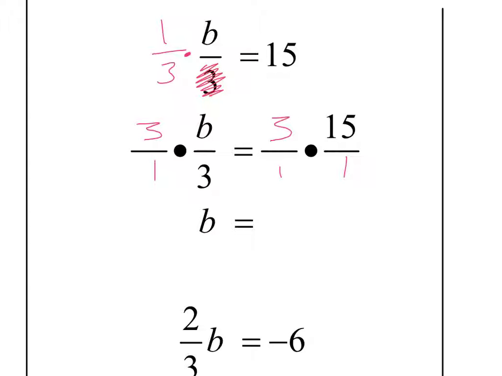So here we have top times top, that's going to give me 3. Bottom times bottom, that's going to give me 3. Top times top is going to give me 45. Bottom times bottom is going to give me 1. Well, that 3 over 3, that's our identity property. That's what we were trying to get to. The identity of b is equal to 45.